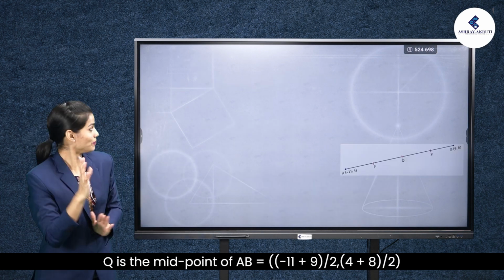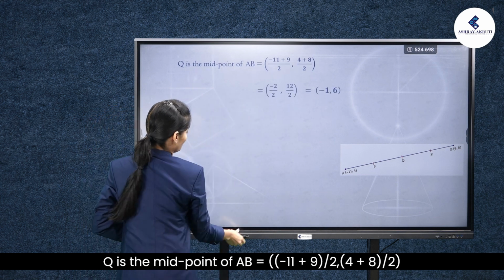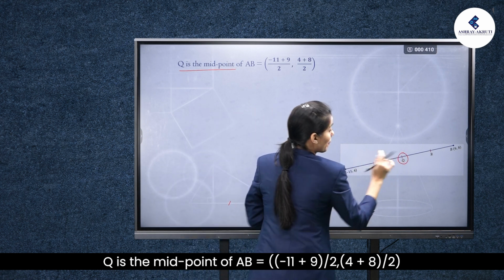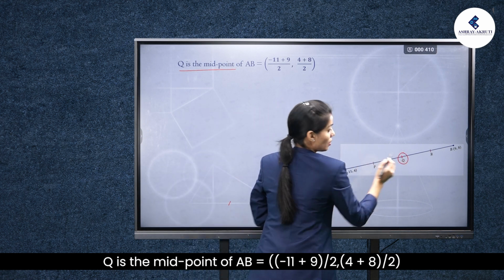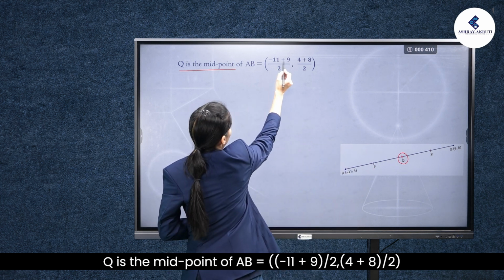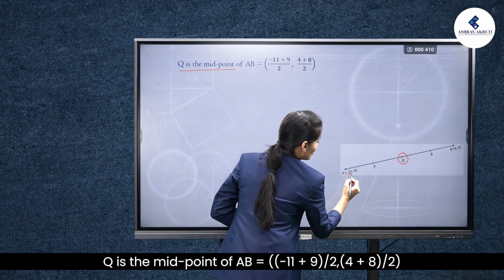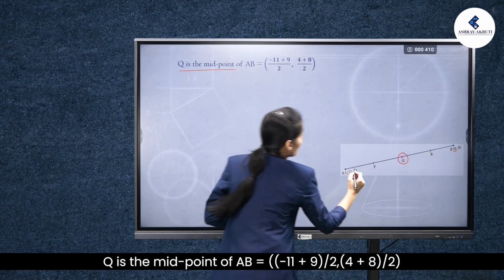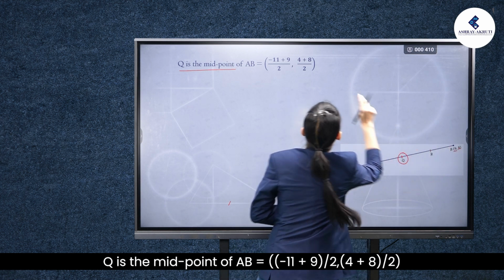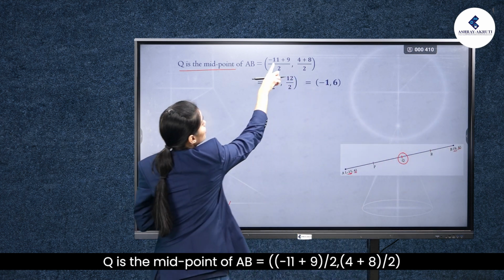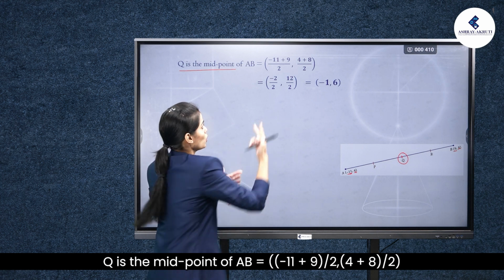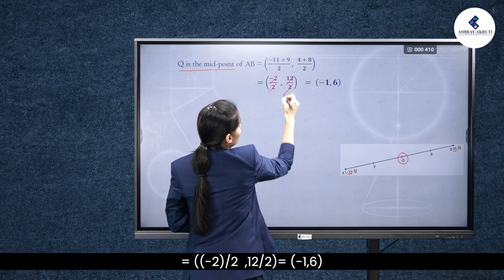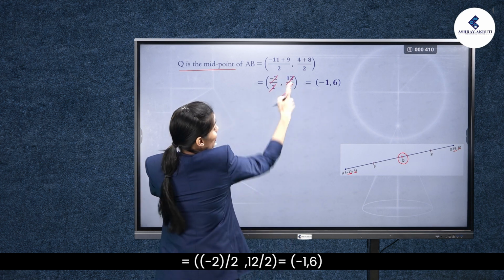Q, the midpoint of AB, is equal to ((minus 11 plus 9) by 2, (4 plus 8) by 2), which is equal to (minus 2 by 2, 12 by 2), which is equal to (minus 1, 6).